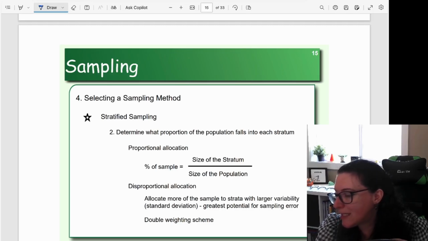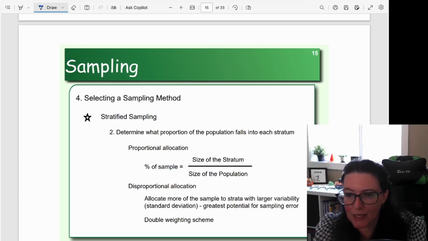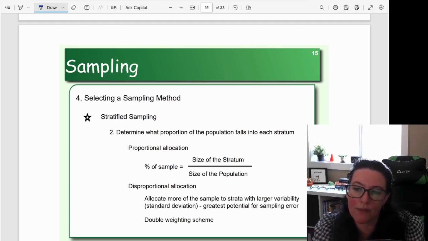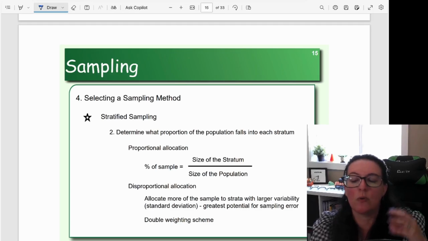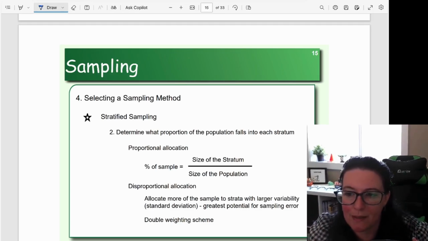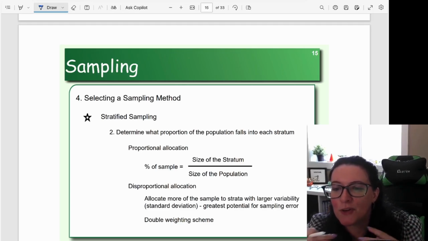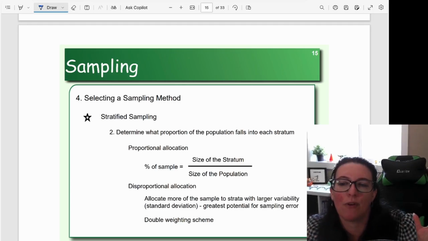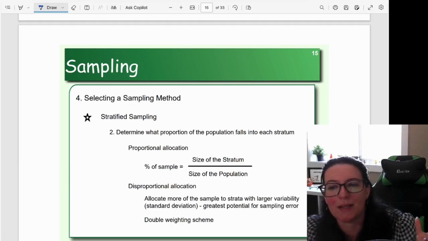You could choose instead to have disproportional allocation. You could allocate more of the sample to a strata that has larger variability. So let's suppose that we think all 4th years essentially have the same opinions about our program. First years have a greater variety of different opinions and perspectives.